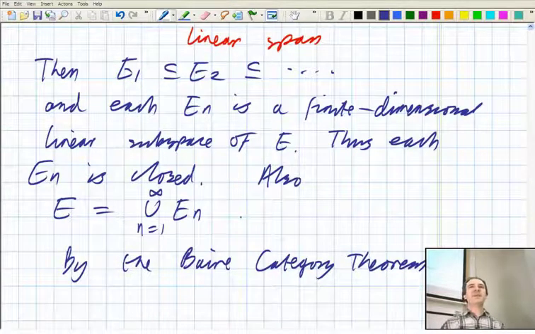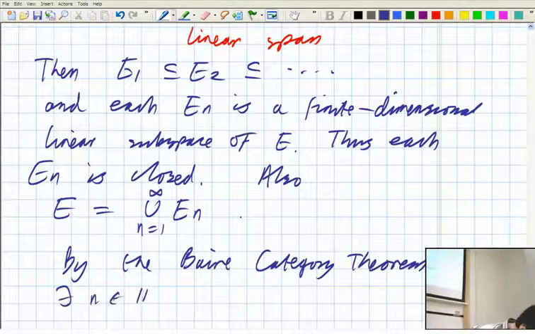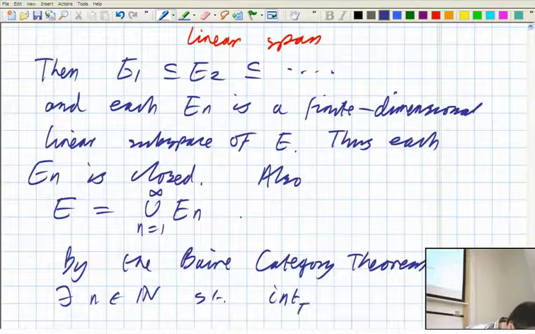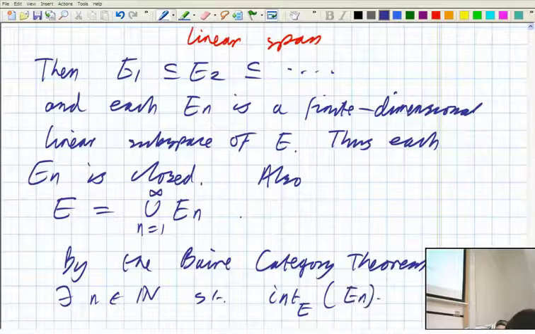It comes up again and again. That if a complete metric space is a union of a sequence of closed sets, then at least one of them has non-empty interior. By the Baire category theorem, there exists a natural number n such that the interior, working in E, of course, of En is non-empty.